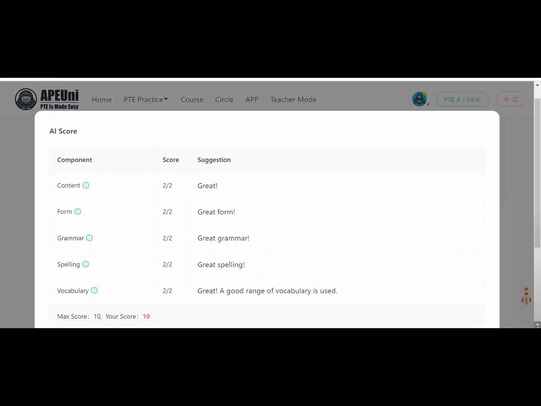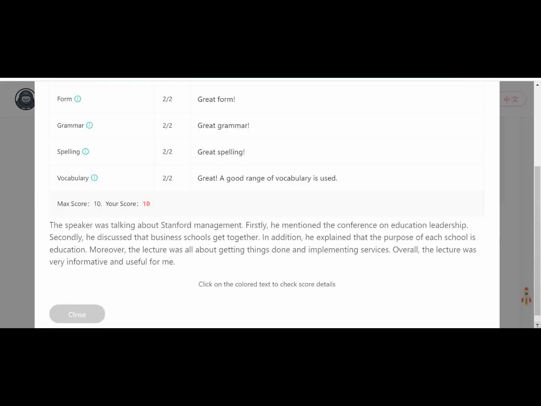Most of the students will use a template, but you need to know how to use it. A template is not enough to get a good score in summarized spoken text, but if you know how to use the template, then you can get a good score. All the templates will be in the past form, whether you get the template from YouTube, from Google, or from your institute.